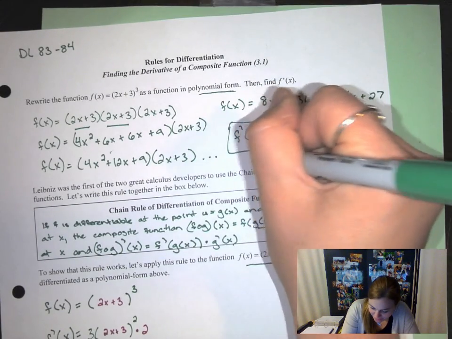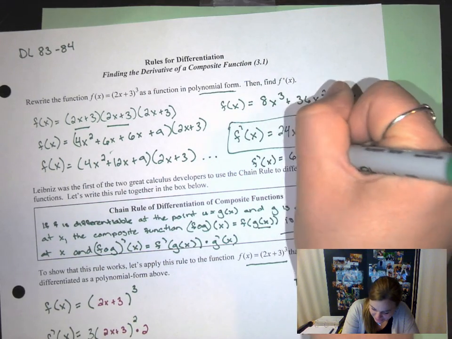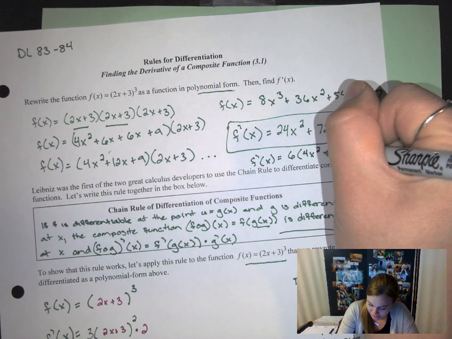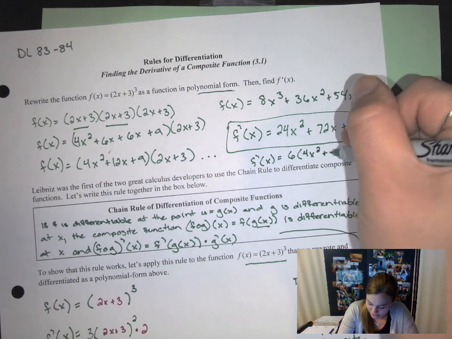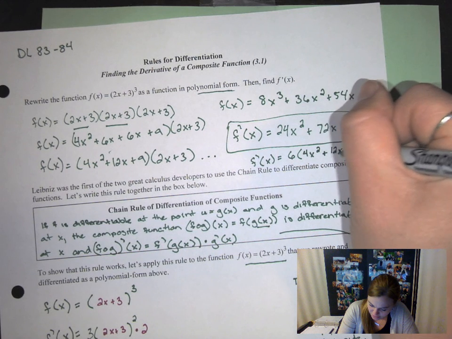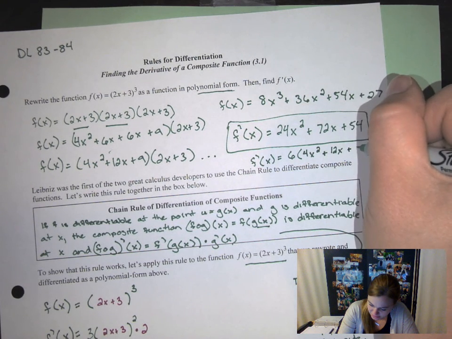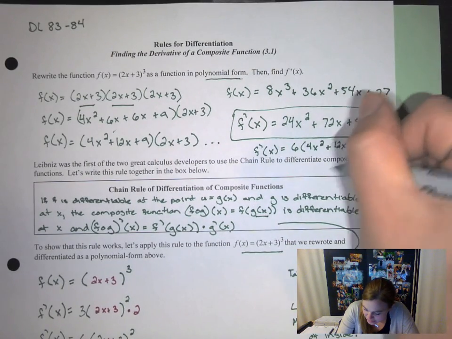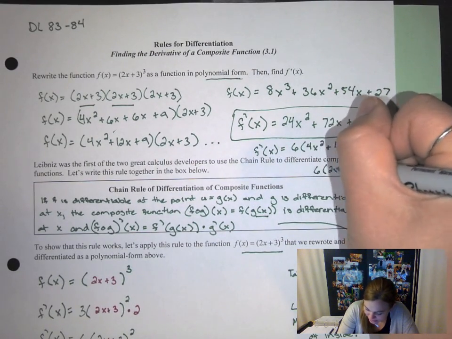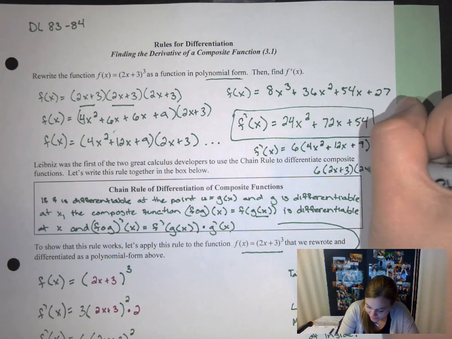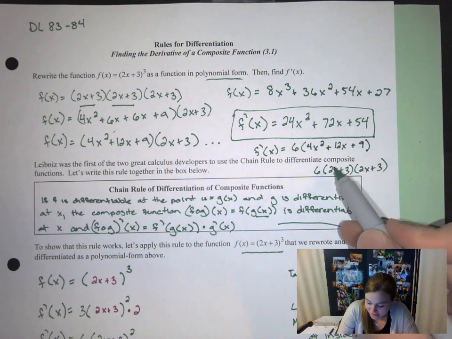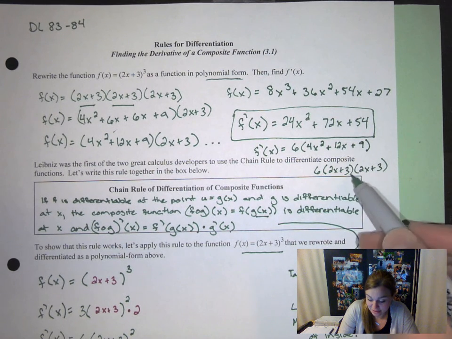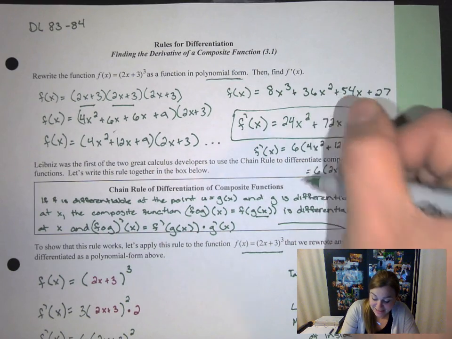If I would say f prime of x up here, and I would factor out a 6, I'd be left with 4x squared plus, is that 12x, plus 6 times 9, which becomes 6(2x plus 3)(2x plus 3). Let's just try that. That'd be 4x squared plus 6x plus 6x. Hey, that's 12x plus 9. What? That's the same thing.